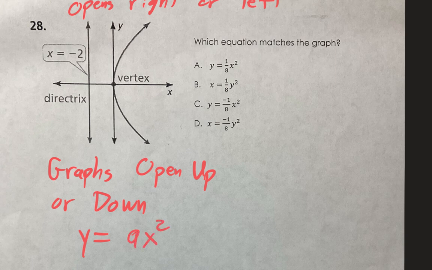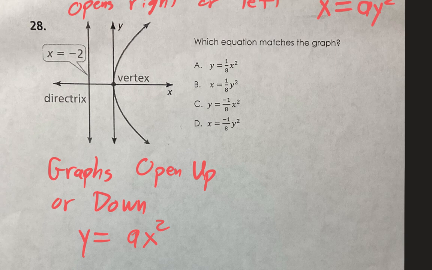Graphs that open left or right, we need to switch those around because those are going to be the opposite. x is going to equal a times y squared. Okay? a is just whether we have a vertical stretch or shrink.